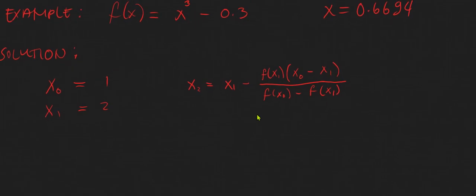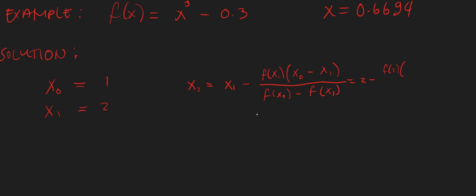So if we continue to solve that, substitute the values. What is x1? x1 is 2 minus what is f of x1? It's just f of 2. So it's 2 cubed minus 0.3.